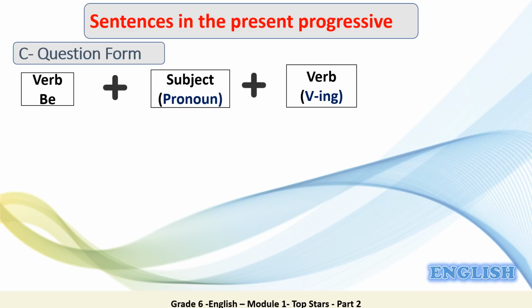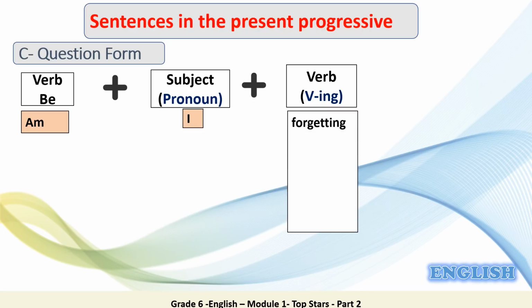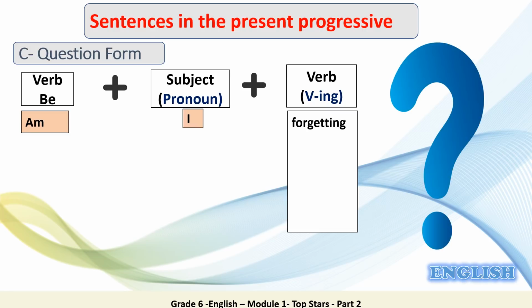We're going to start with am, very good, and then what is our pronoun? You guys are awesome today. It's I, and then the main verb, forgetting, and then do we need anything else? Yes, correct. We need a question mark in the end. Very good.